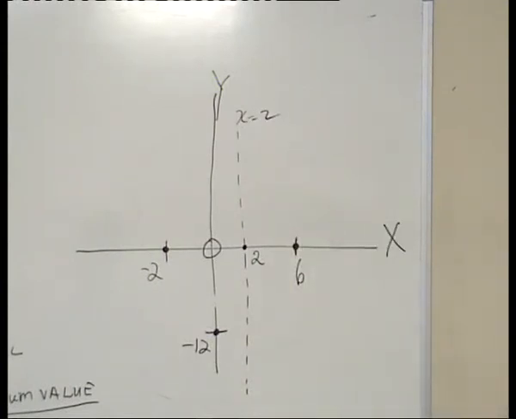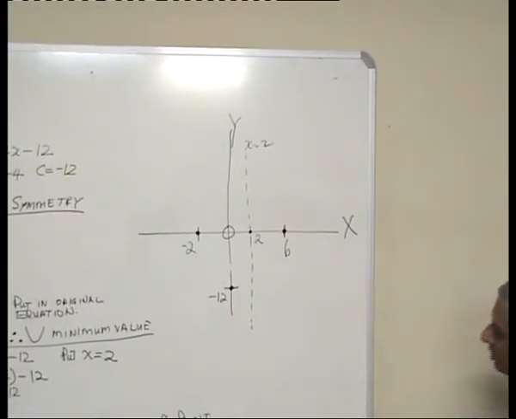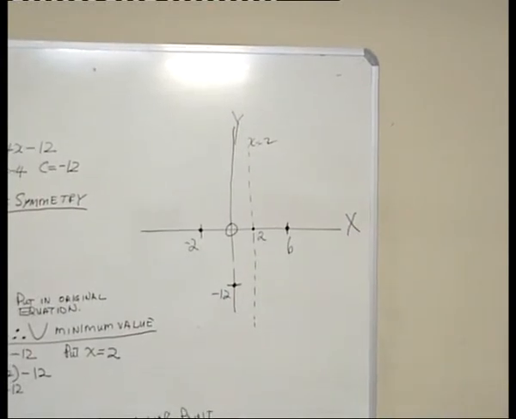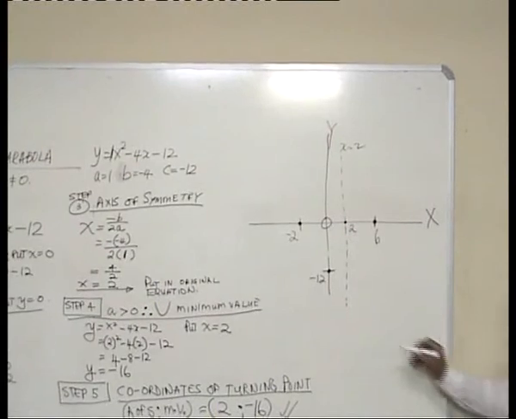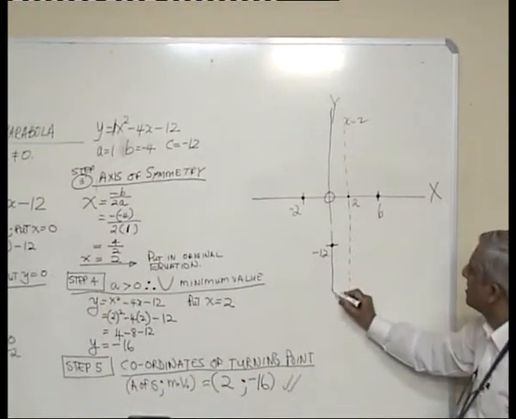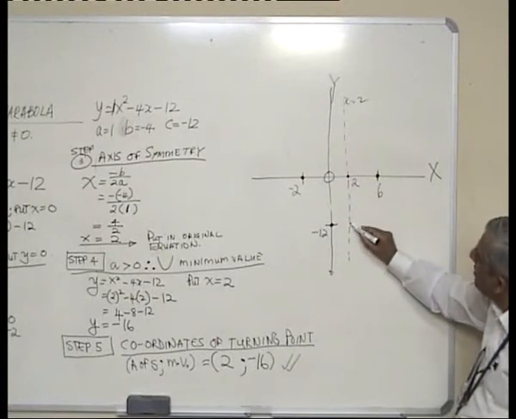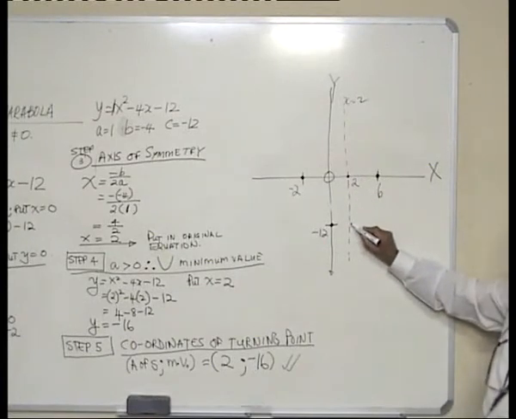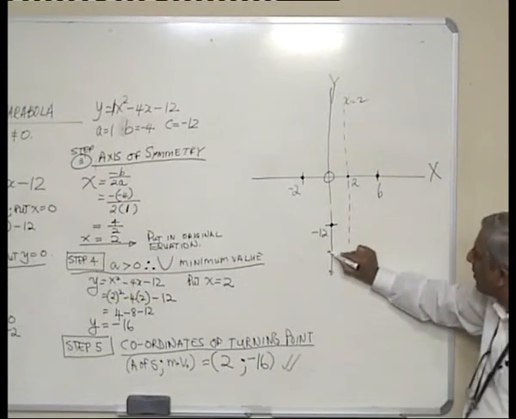Right. And finally, you want to put in your coordinates of the turning point, which happen to be 2, minus 16. Alright, so there's 2. Down here is minus 12. So minus 16 will be even lower than that. So it's somewhere here.